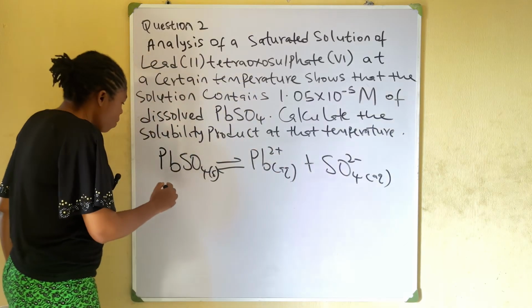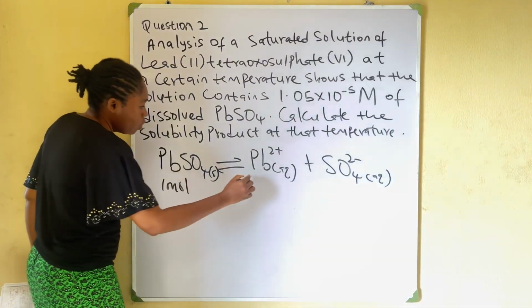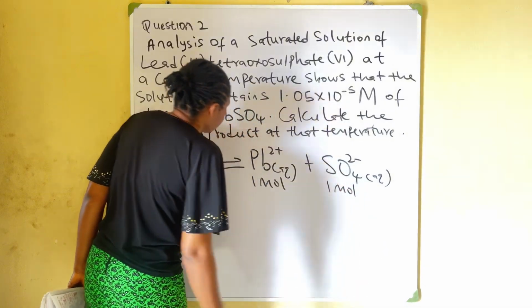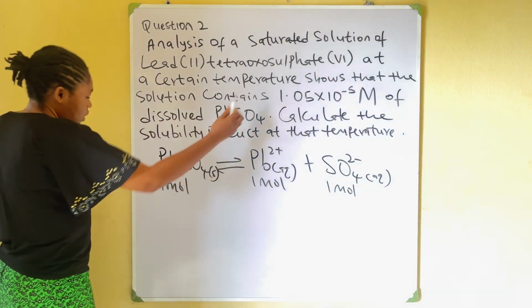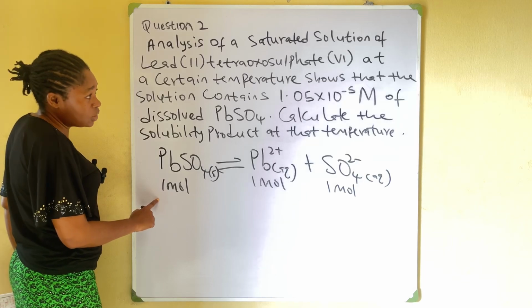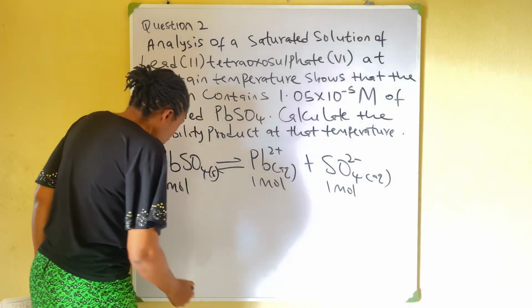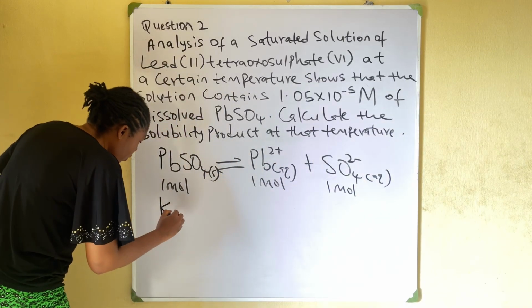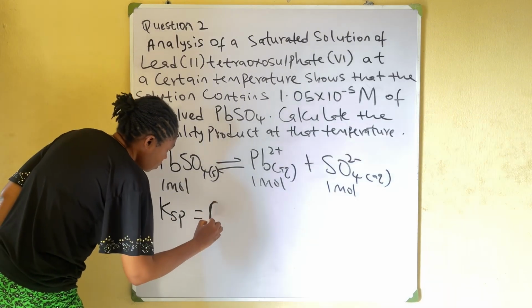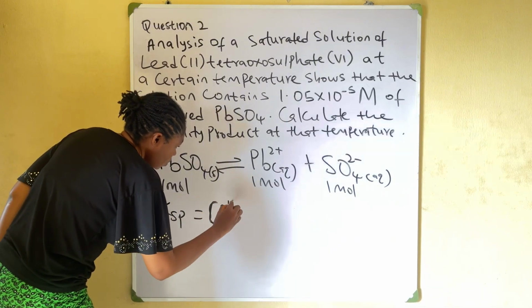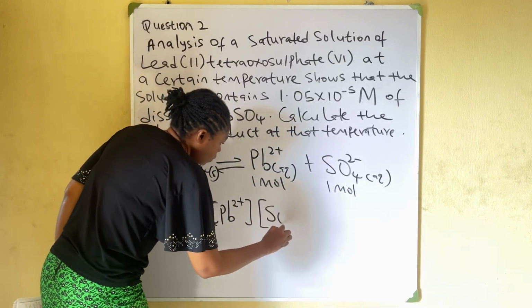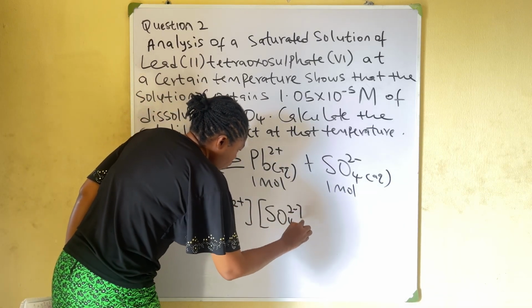So all of them are 1 mole of this produce 1 mole of this, produce 1 mole of sulfate ion. So to know the concentration of this, this one is 1.05 times 10 to the power minus 5, the same thing. So let's write the solubility product constant equation for this, Ksp times SO4 2 minus.